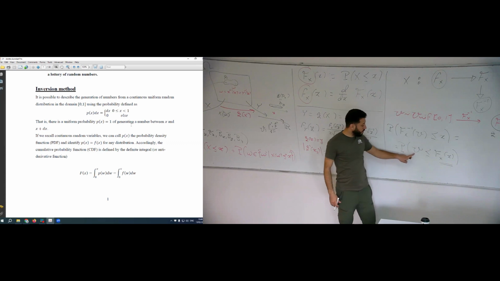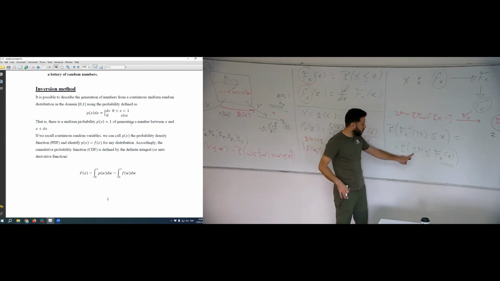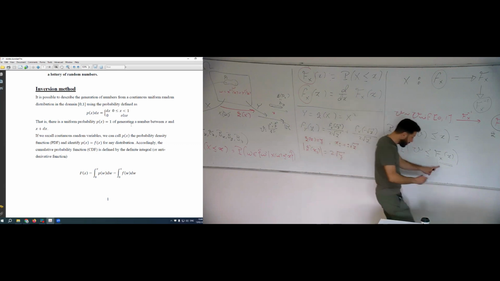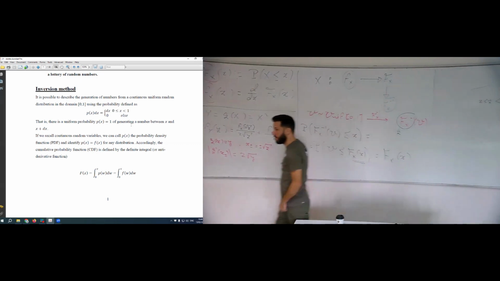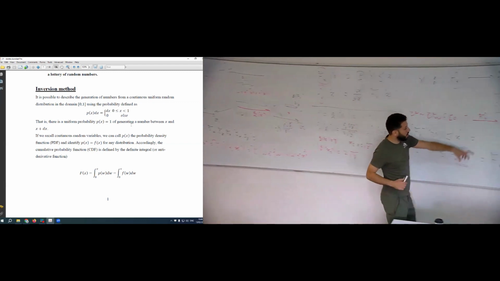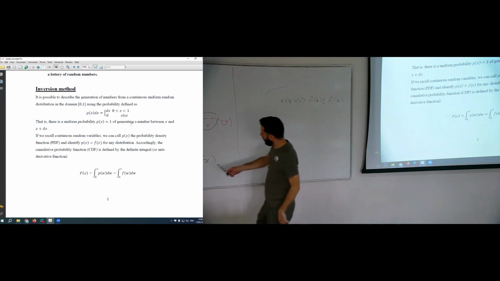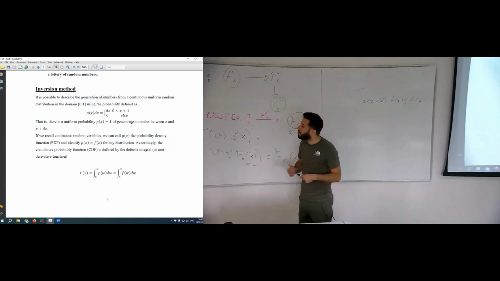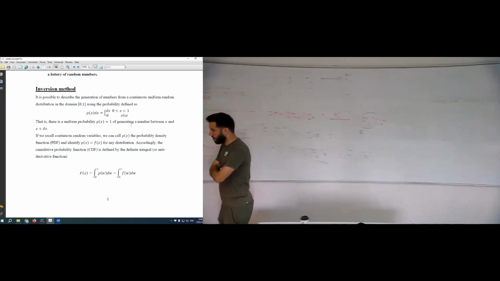So the probability for u to be smaller than alpha, if alpha is between 0 and 1, is alpha. So the probability of u being smaller than this is this. Okay, so that's it. This thing that we produced distributes like X. So that's a sample of what I wanted, a sample of that distribution.